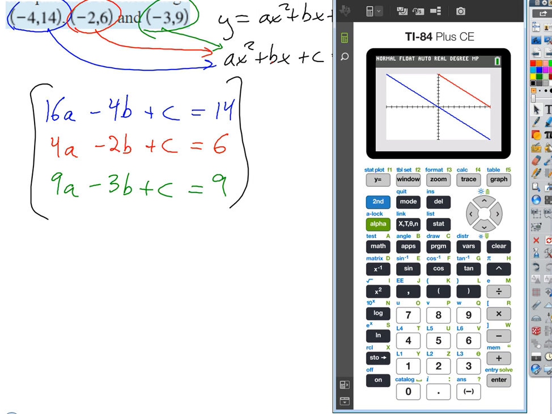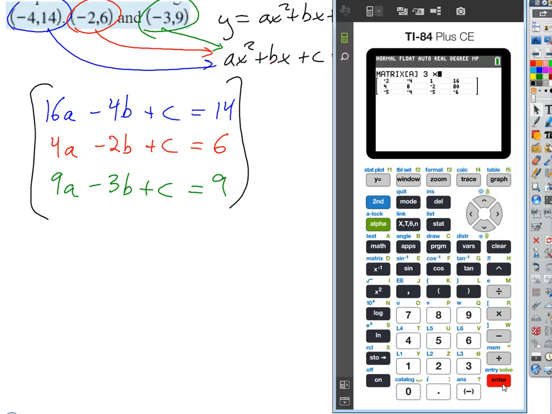And so then all I would do is go second matrix, edit matrix A. It's already a 3 by 4, and just plug in the values.